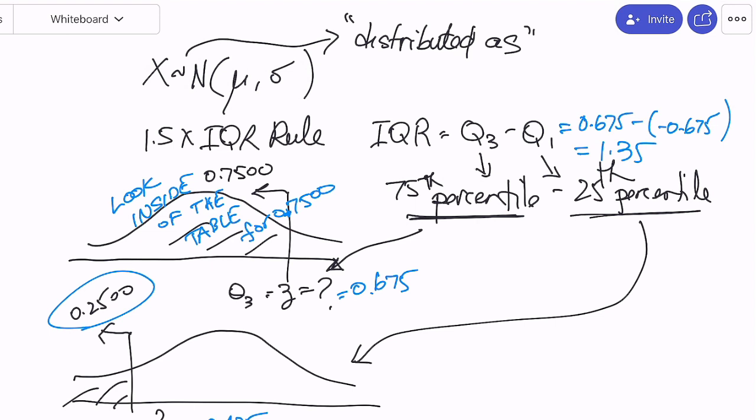What do I do with this number? So this is a synthesizing problem. I'm using the wrong rule, the IQR rule that's used for skewed distributions.